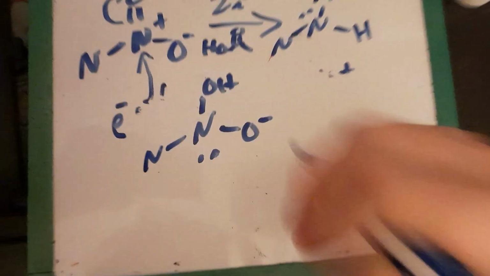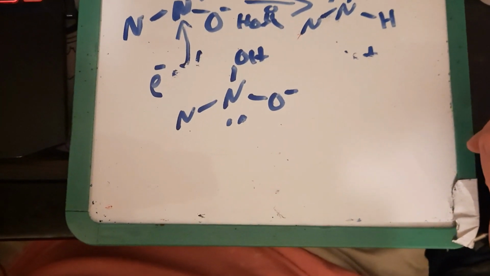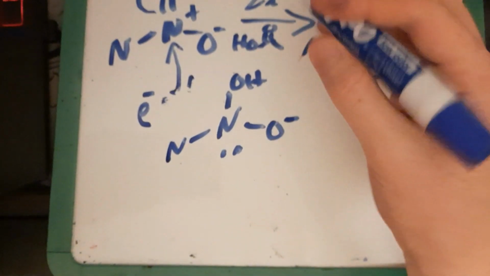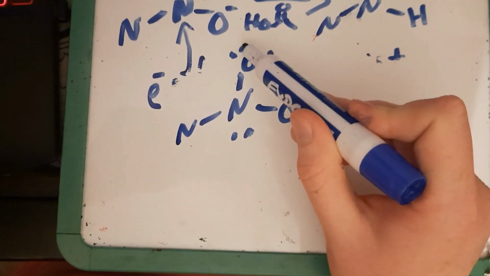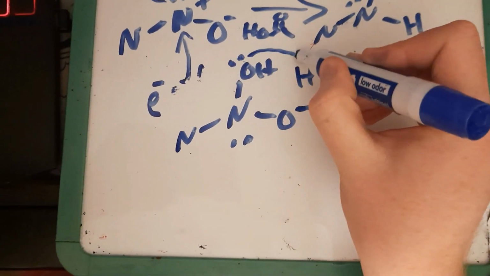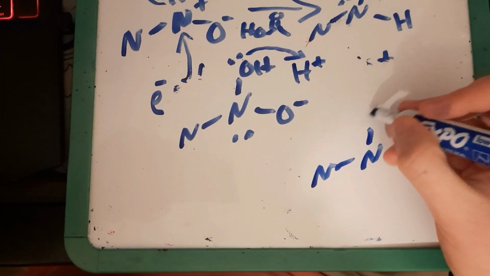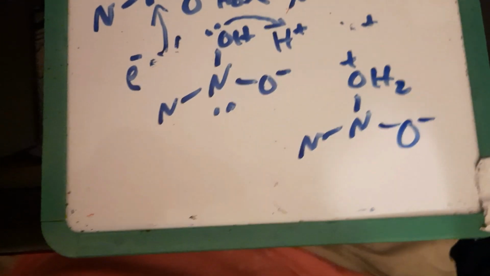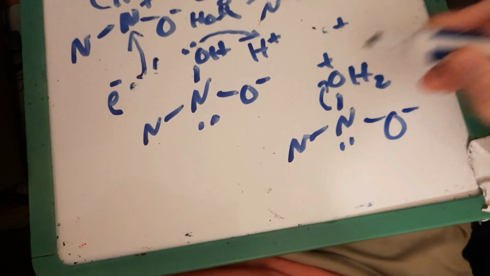What occurs here is another sort of shifting of bond energies, where the lone pairs on this oxygen attract another H plus, and we get something that looks like that. And what happens is these electrons get sucked up into that bond.